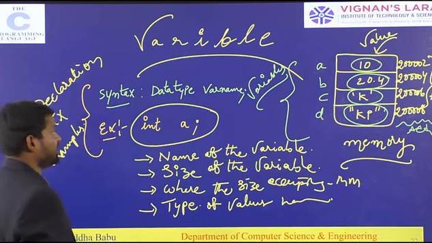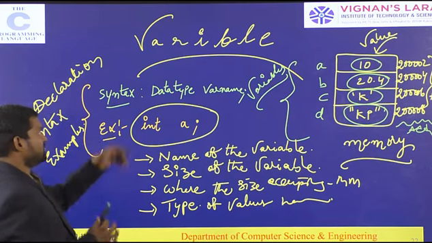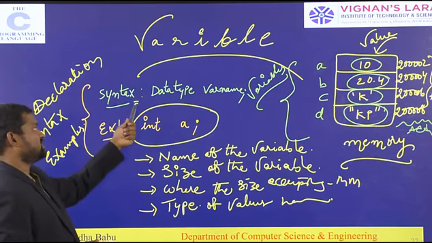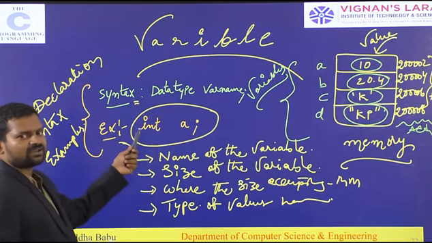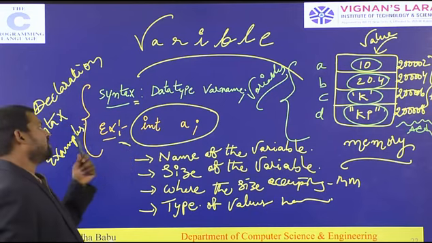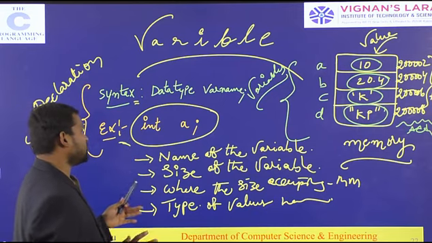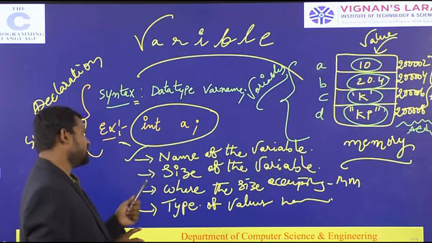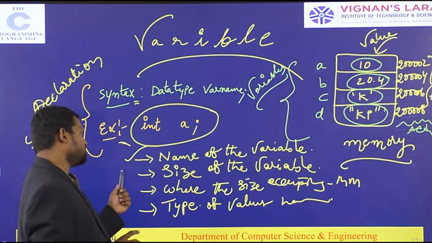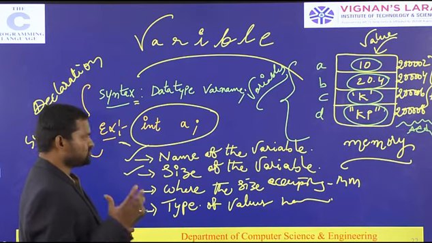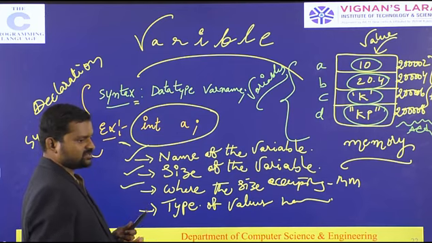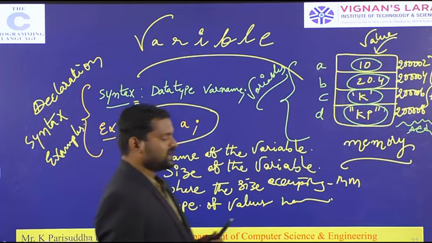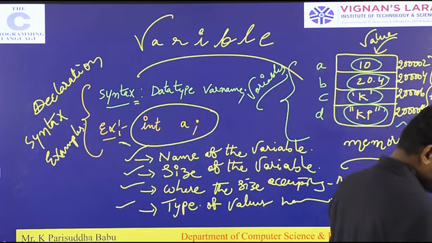Okay. So this is the variable declaration syntax. In the variable declaration example, whenever the statement is encountered by the compiler, the compiler automatically knows the name of the variable, how much size is occupied in memory, where the size is occupied, and also what type of values have to be stored.